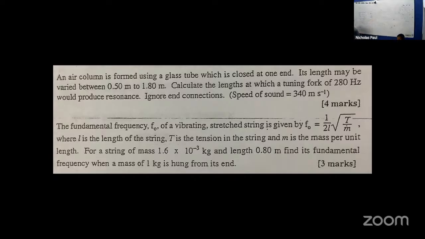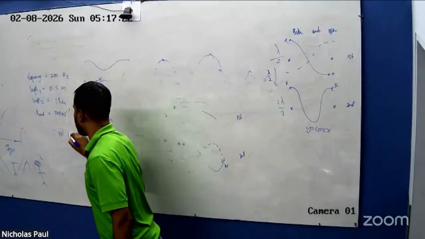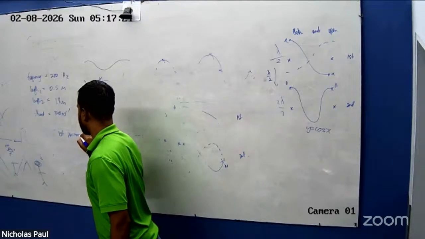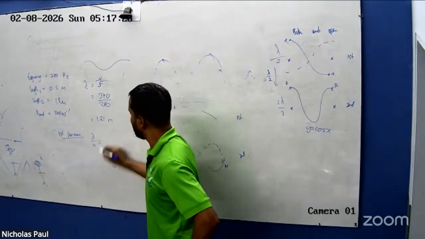So first harmonic happens at how much of a wave? A quarter of a wave. Do me a favor, find a quarter of this.